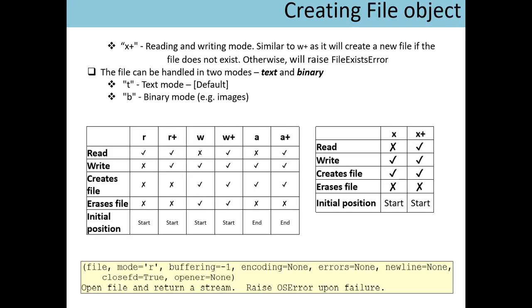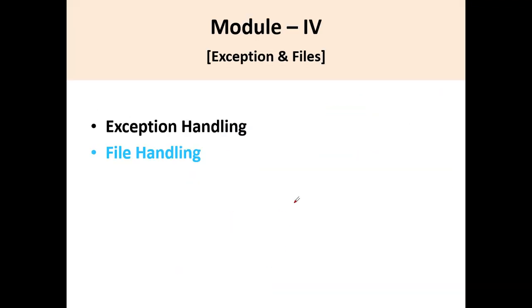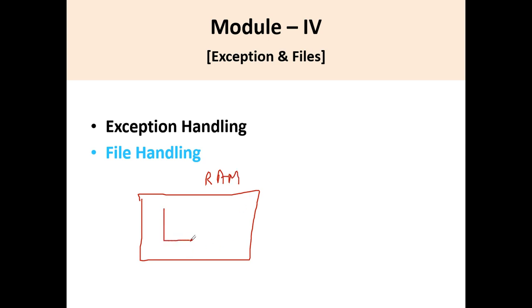Let me tell you one thing. Understand this: when a program is running, everything is happening on RAM. So when you are creating a file, basically you are doing that thing in RAM.